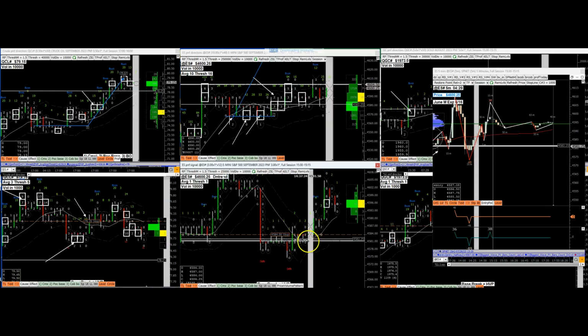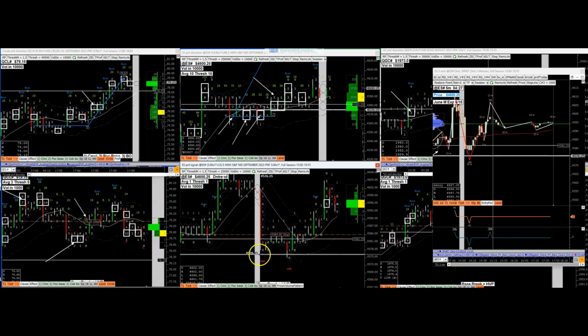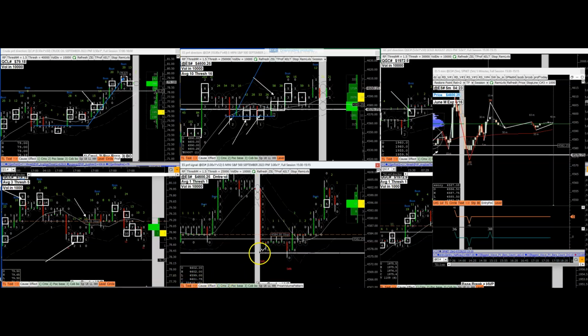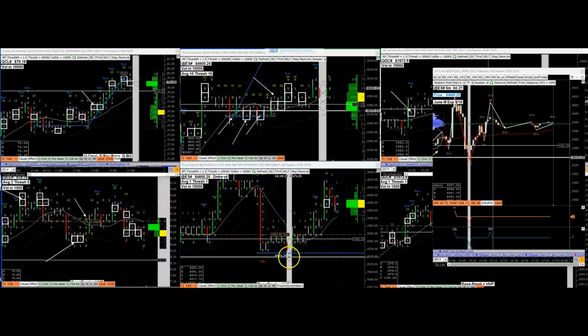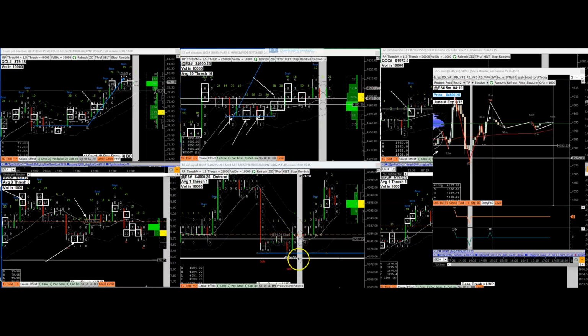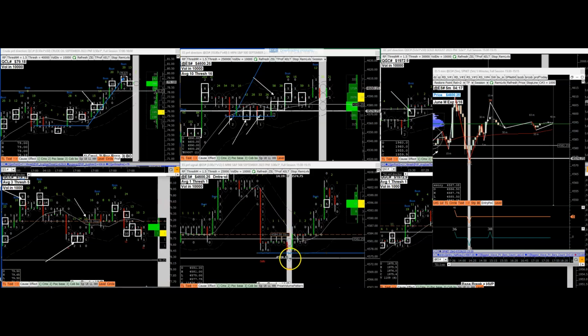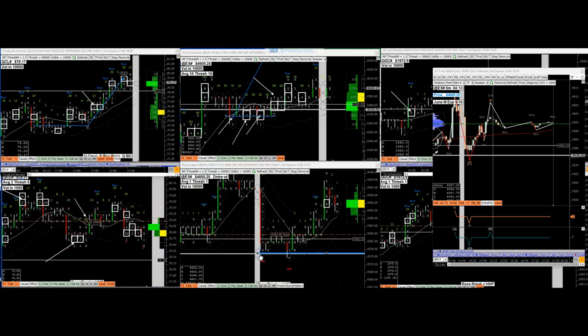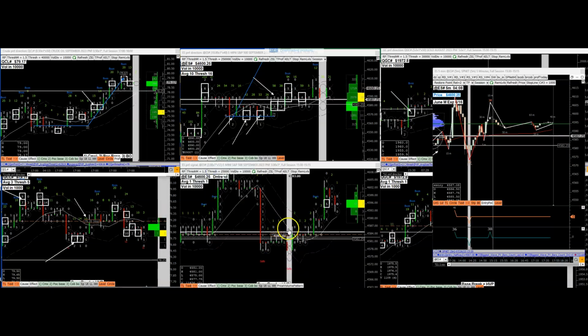I should have thought about this, because when you see this behavior, it goes down and then breaks out, especially if the move down is on volume, it's a very, very high probability trade. Because if it's effort on the way down and then a reversal breakout, those things work.